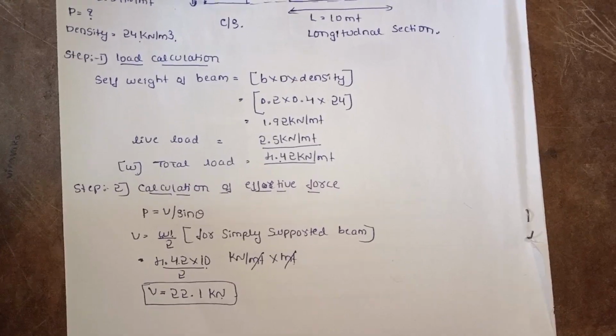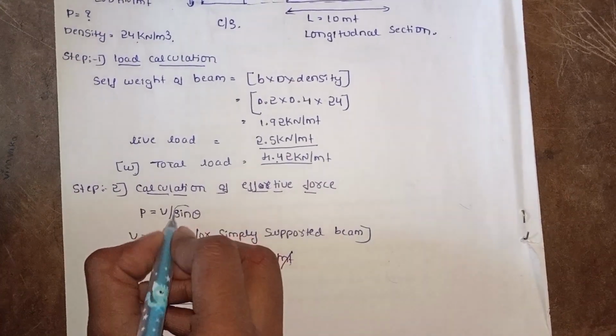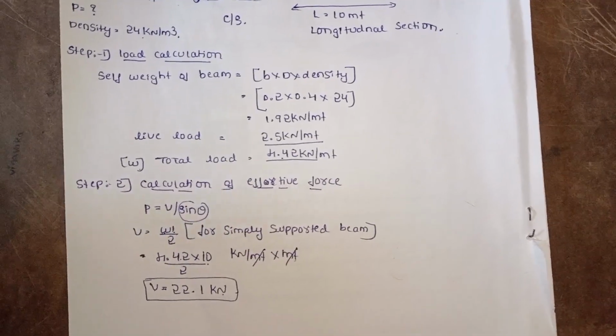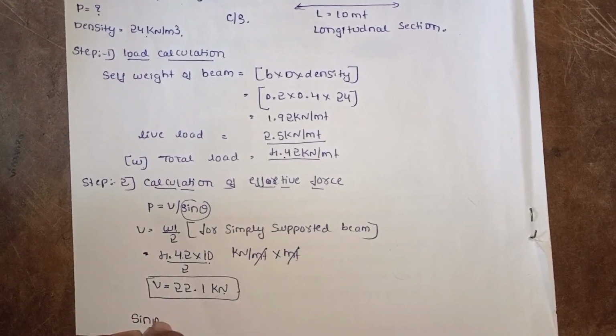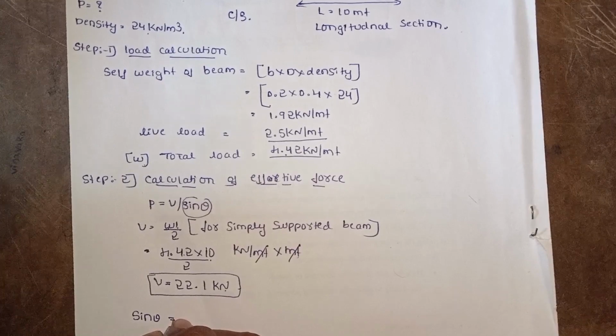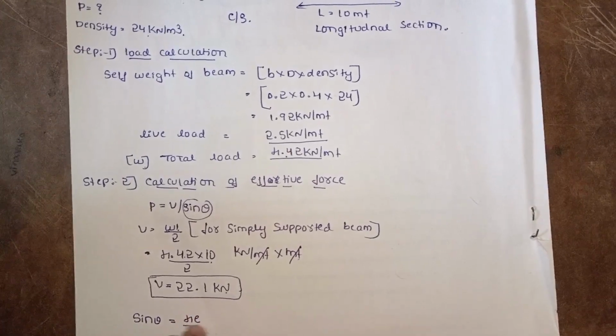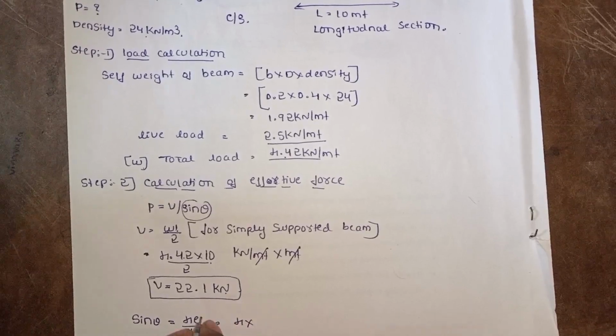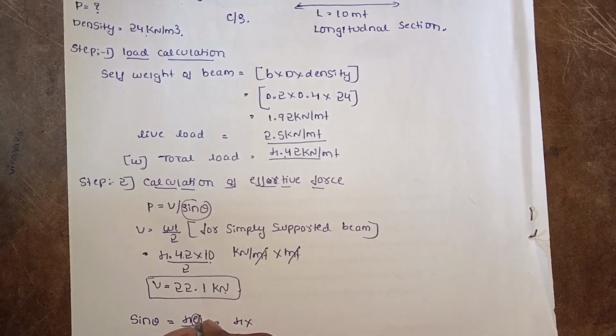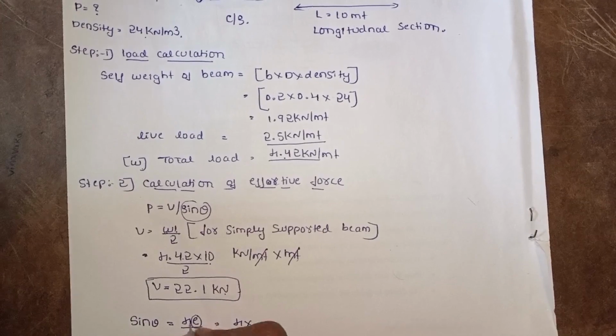Okay, now find the sin theta. Okay, so sin theta equal to, formula is 4E by L. Okay, so 4 into E. E means eccentricity. Eccentricity is given in question 120 mm.